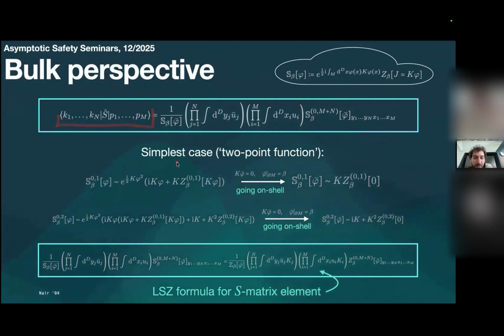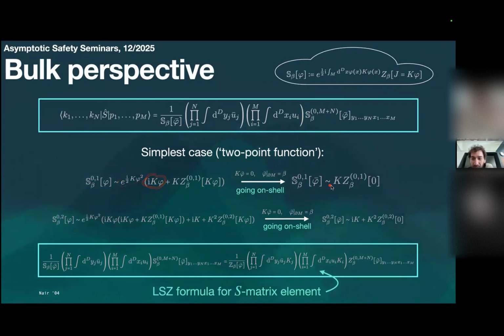So let me show you the simplest cases. Let's say that we only take one derivative in here. Well, you can see from our definition that if I do that and apply the Leibniz rule and the chain rule, then I recover an expression of this form. And then if I go on shell of my very simple equations of motion, this prefactor is just 1, and then this term vanishes.